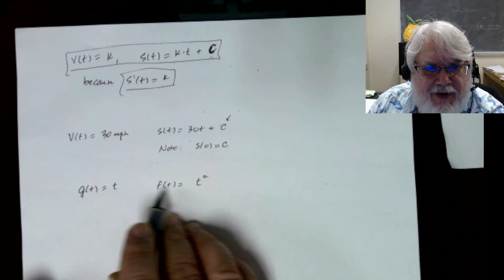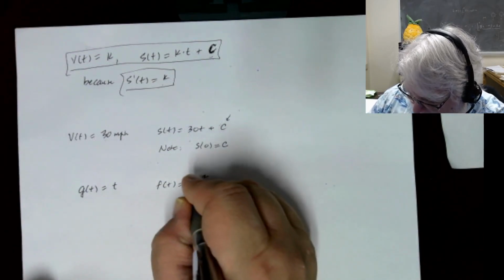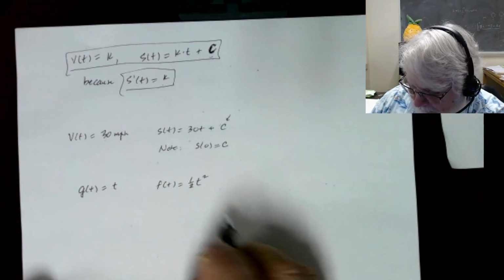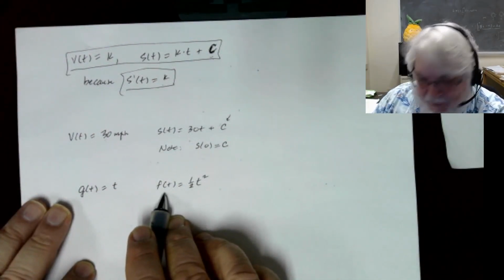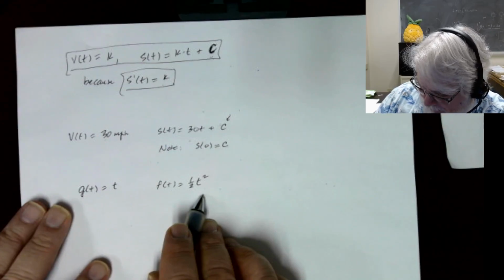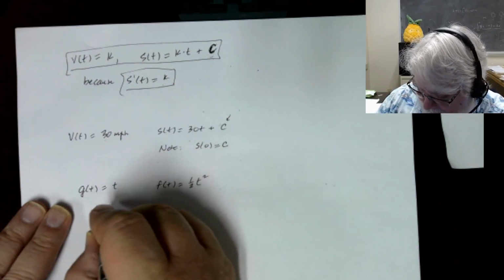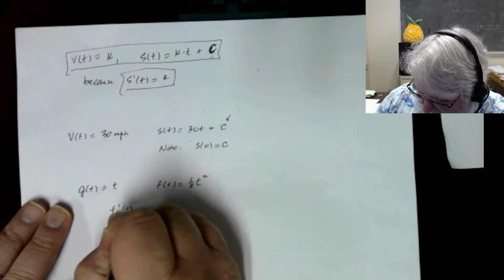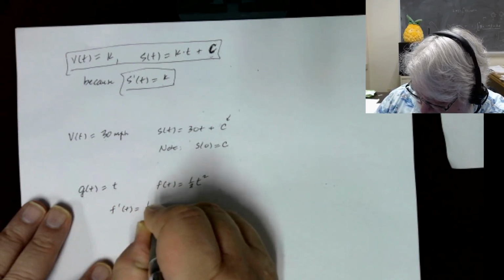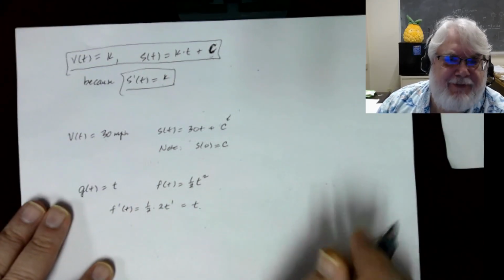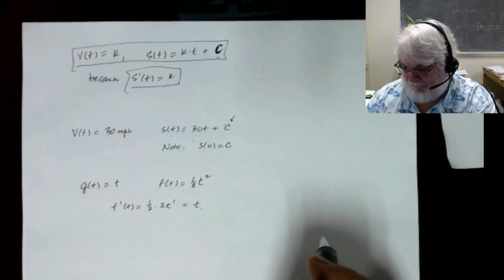I need to do something to get rid of the 2, so I would multiply the front by 1/2. So my antiderivative would be 1/2 t squared. You can check your answer pretty quickly, because F prime of t would be 1/2 times 2t to the 1 power, and so that is t. Good. And so that's an antiderivative.